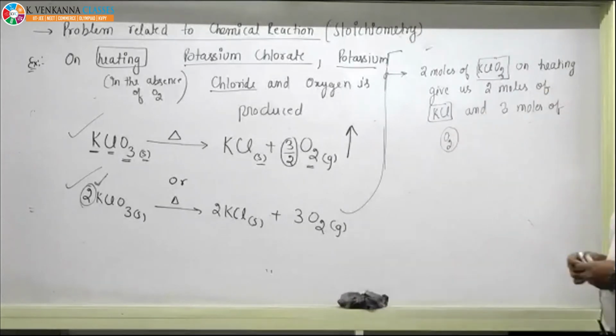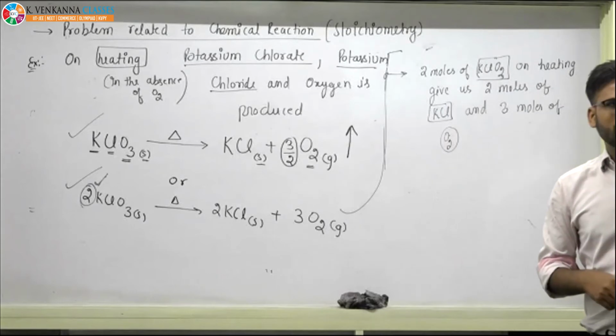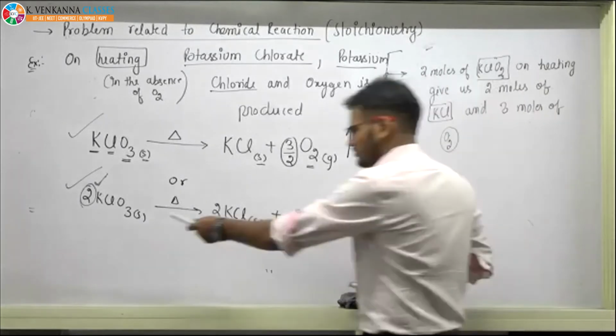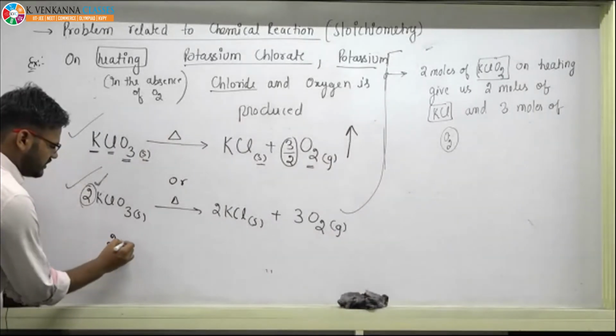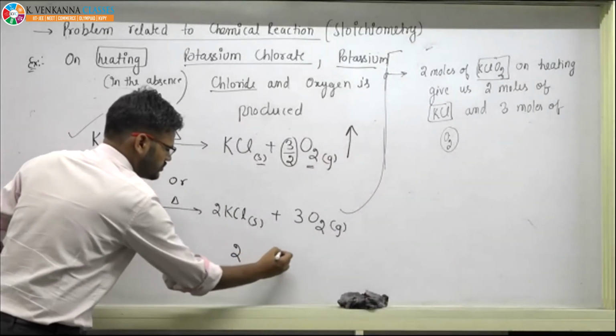So on balancing, these numbers 2, 2 and 3 say that there is a molar ratio relation, that is 2:3.